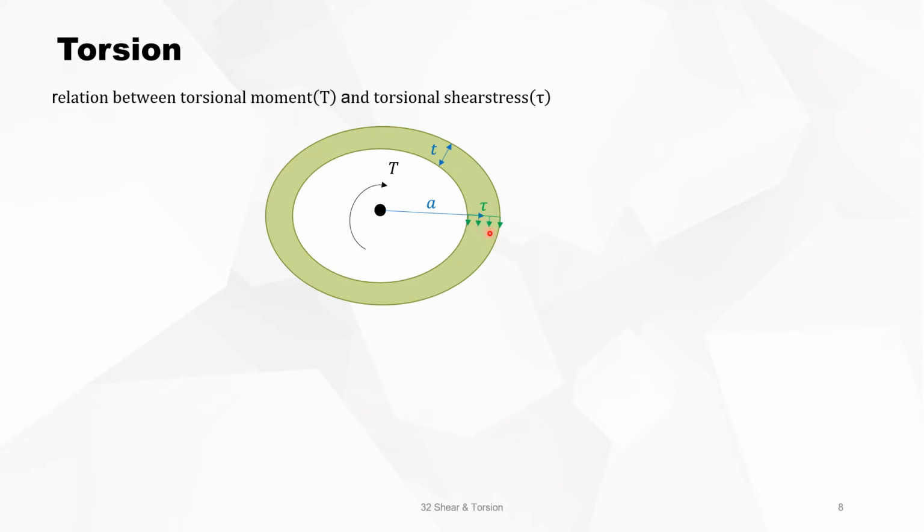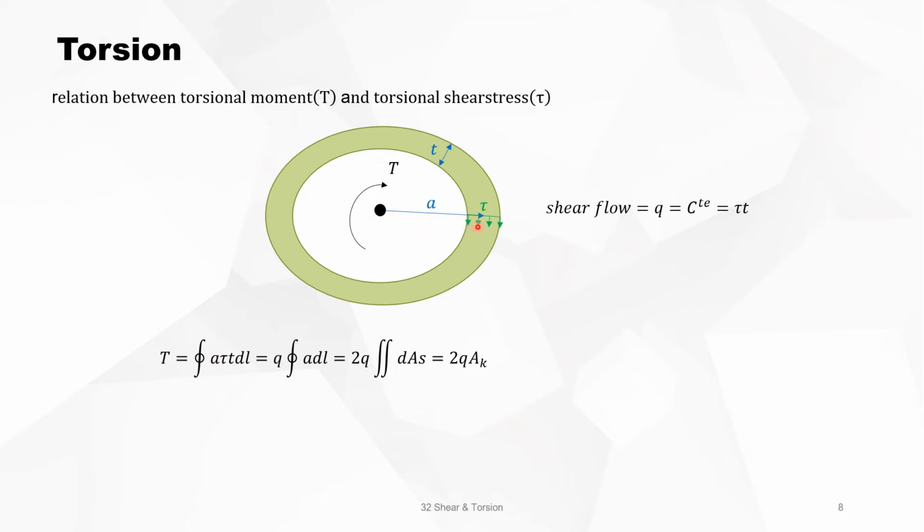Then you have a shear stress tau alongside the section, and tau times t must be a constant, and this constant q is called the shear flow. So tau times t is a constant, the shear flow, and depends on the torsional bending moment. So the torsional bending moment equals tau times t times r.